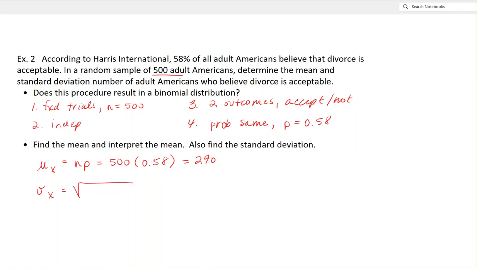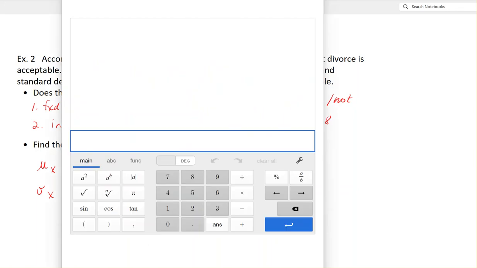Now, while we're here, let's go ahead and find the standard deviation of our variable. We're going to take the square root of n p times 1 minus p. So that's going to be the square root of 500 times 0.58 times 1 minus 0.58. I'm going to use this free online calculator. I'm using the scientific version of it, and it can be found at desmos.com. I'm choosing the scientific calculator to calculate the standard deviation.